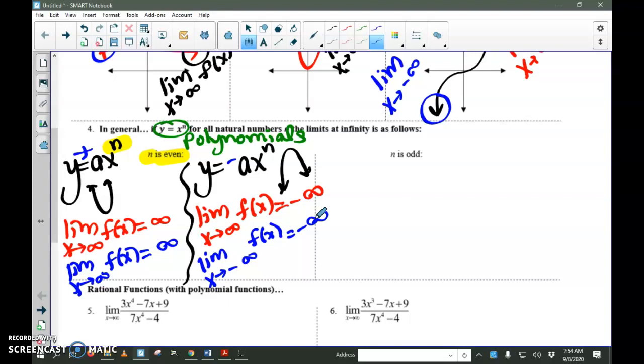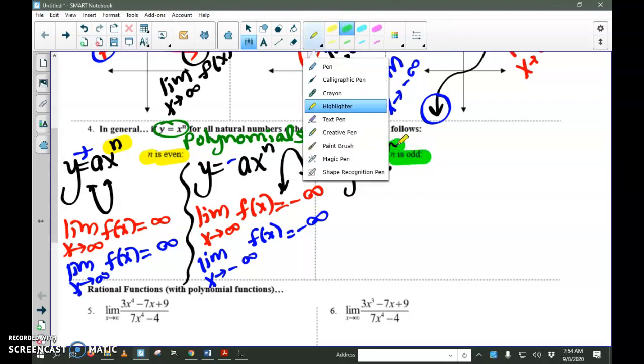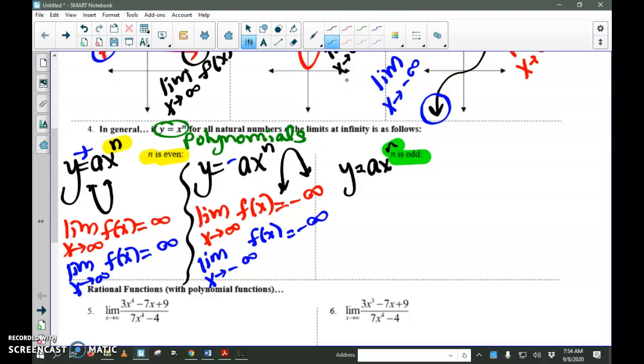Okay, so what happens if n is odd? All right, so again, if I have y equals ax to the n, and this time the exponent is odd, n is odd, and I'm going to start with a positive leading coefficient. The graph of this would look something along these lines. This is like the third example up above where I would have x cubed, x to the fifth, x to the seventh, where my end behaviors are going in opposite directions.